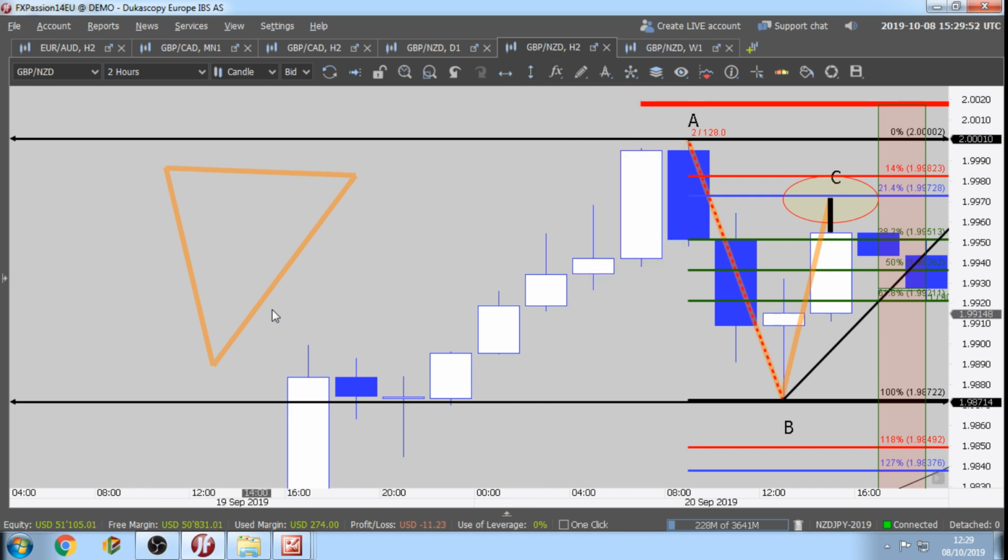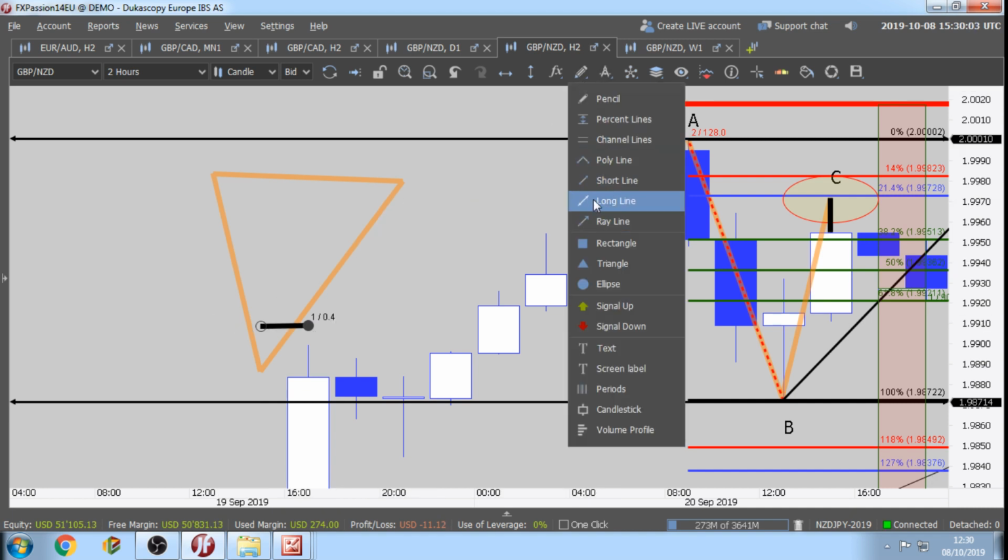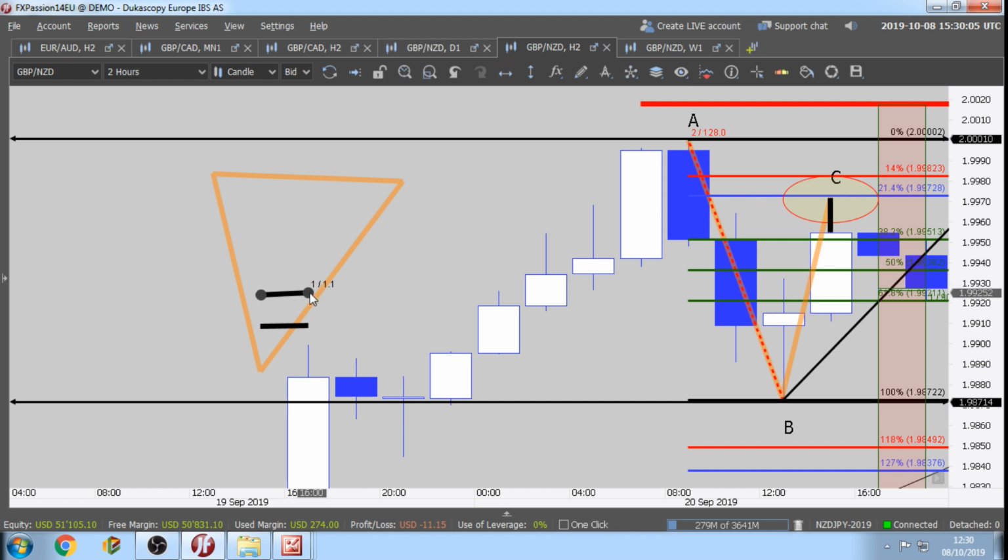So the basic module was in here. This was the basic module. And we jumped from the basic to the intermediate module, which is in here.